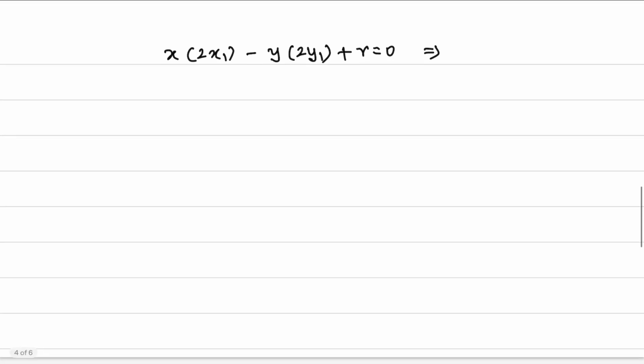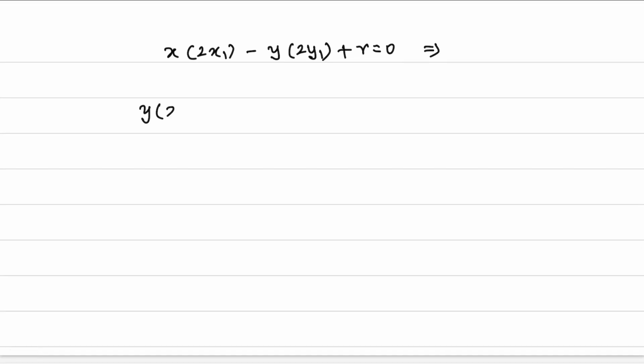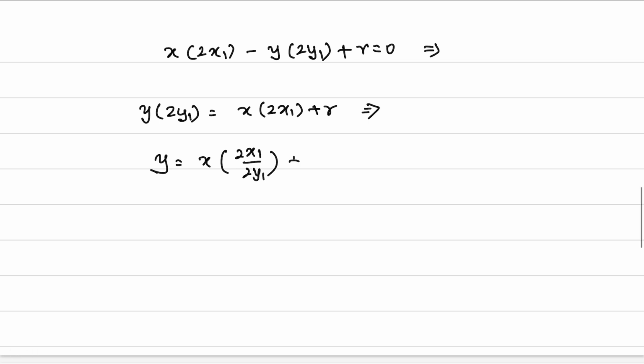This can be written as y into some constant or real number is equal to x into some constant or real number plus r. That implies y is equal to x into 2x1 by 2y1 plus r by 2y1. That implies r by 2y1 is a constant real number. So this 2x1 by 2y1 we will call it as m. This is in the form y is equal to mx plus c.